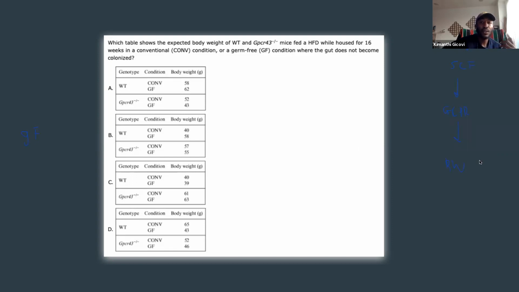The hardest questions you're ever going to get, ladies and gentlemen, on the MCAT are going to be implicit questions. Because what they're really trying to see is, can you take a germ-free environment and understand it really was another way of them describing to you a condition where there was no receptor there, right?